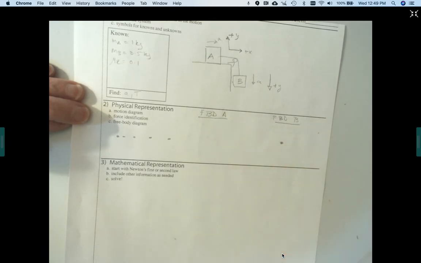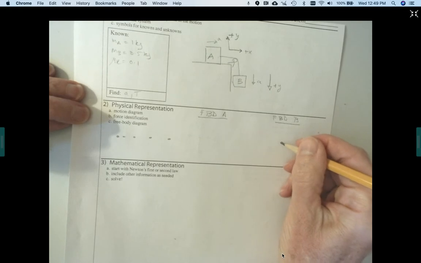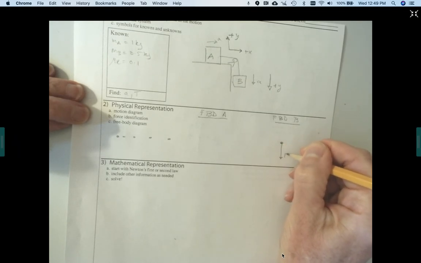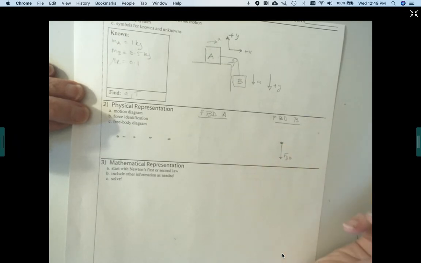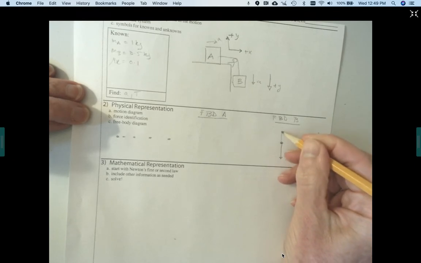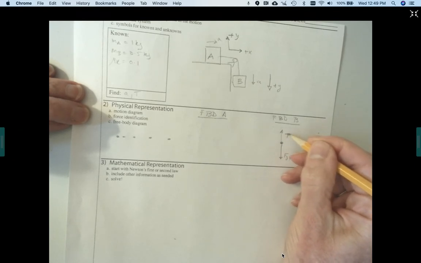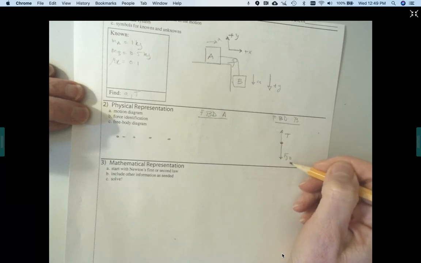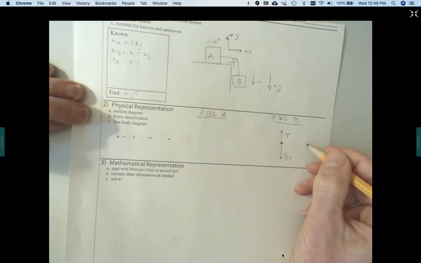It is going to have force of gravity on B. And there's going to be tension opposing that, but force of gravity on B is going to be bigger, right? So that we get an acceleration downward.